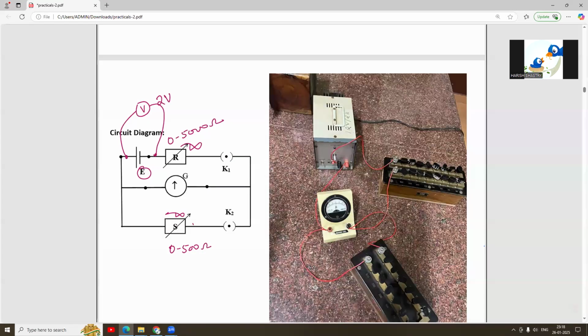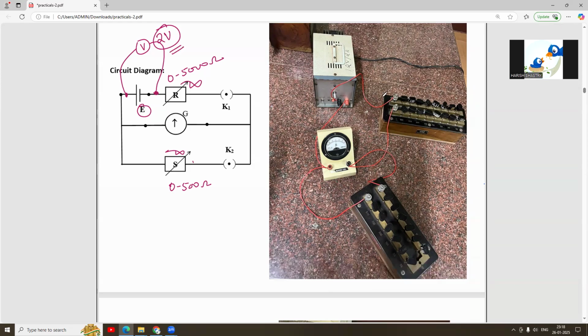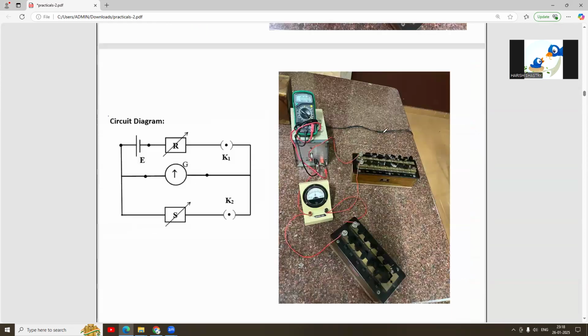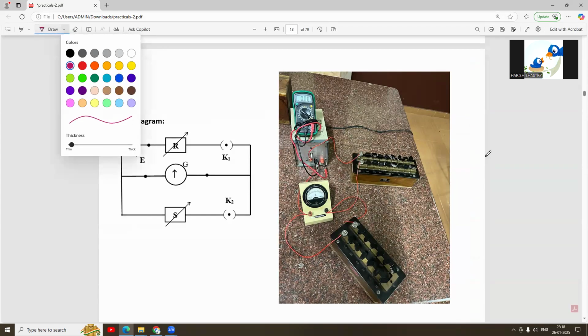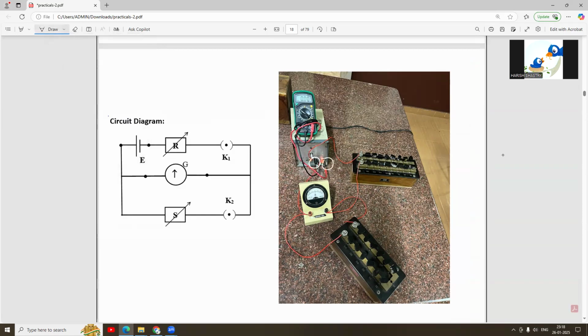That voltmeter is not shown in the circuit, but you are going to do it. So connect a 2 volt battery, connect a voltmeter across the battery and set the battery to 2 volt. Of course, it is not shown in this circuit, but it is shown here. You can see that here. So a voltmeter is connected across the battery. You can see the negative and positive connected to this voltmeter.